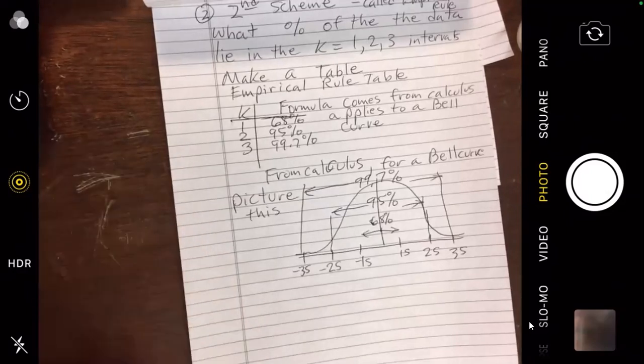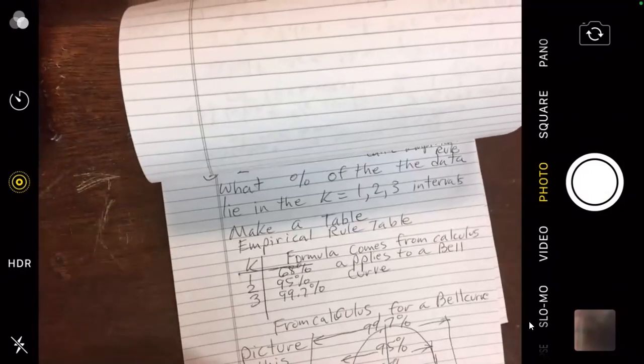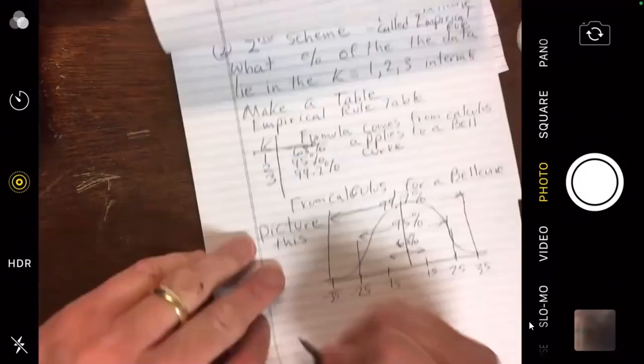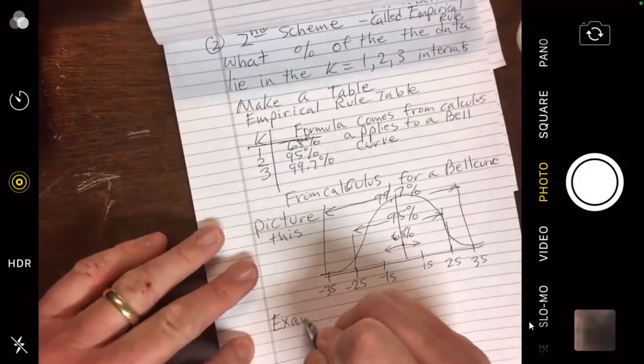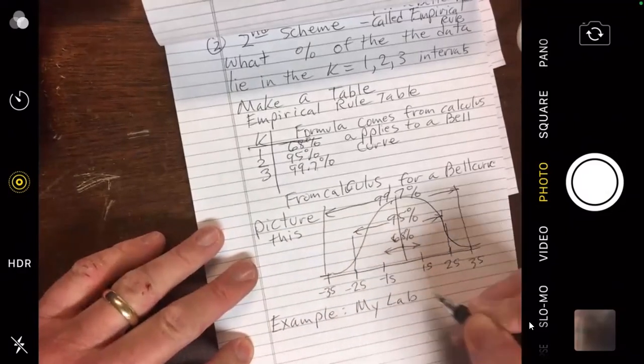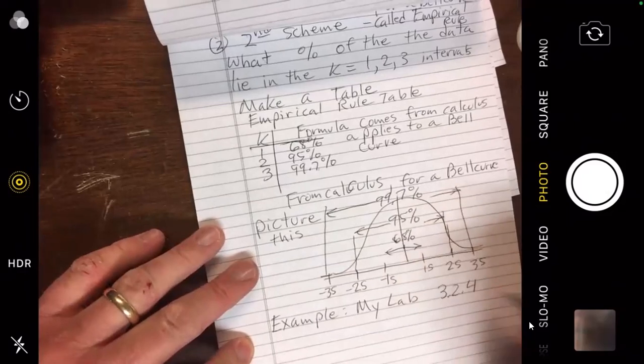Okay. Instead of me going back and showing you, why don't we do an example, MyLab 3.2.4.